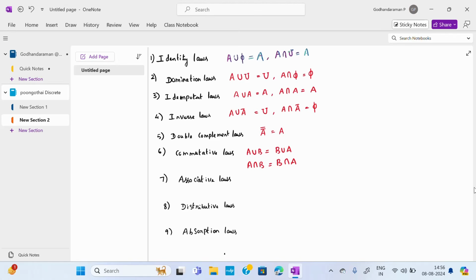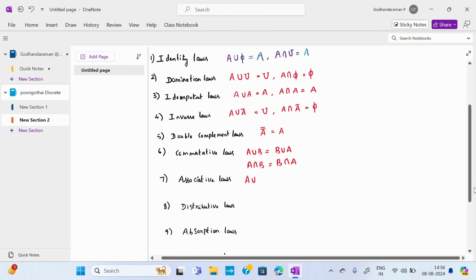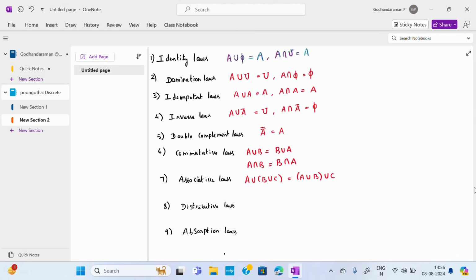Associative law is nothing but only the brackets need to change, and it is for 3 events, sets A, B, C. So, A union B union C equals A union B union C with the brackets changed. When everything is with respect to union or everything is with respect to intersection, that is associative.